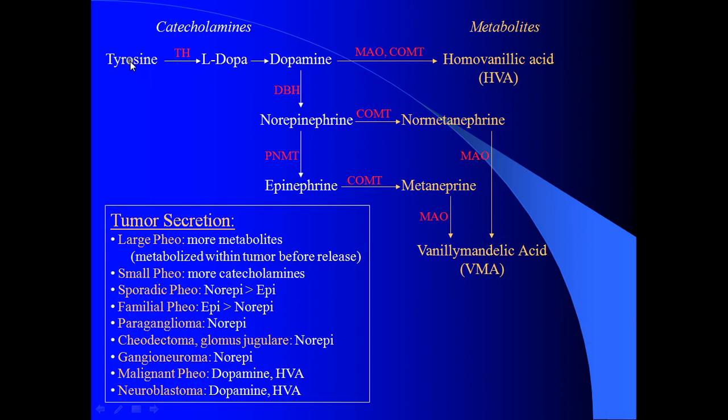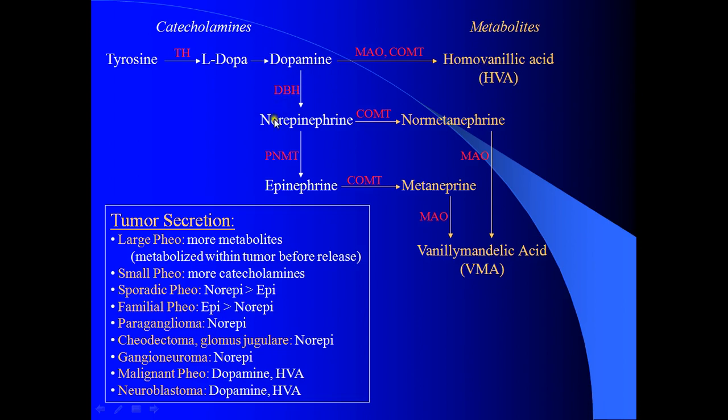So what happens is tyrosine, by means of tyrosine hydroxylase, is converted to L-dopa, which is converted to dopamine. This dopamine, by monoamine oxidase and COMT, is converted into homovanillic acid. That's the metabolite of dopamine.